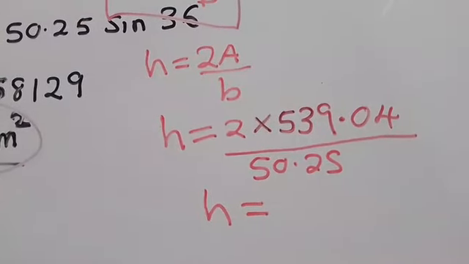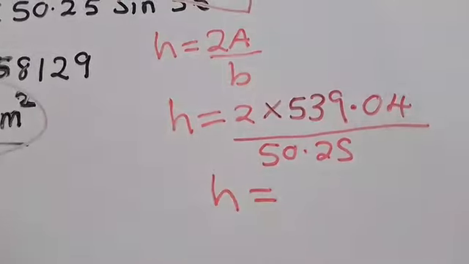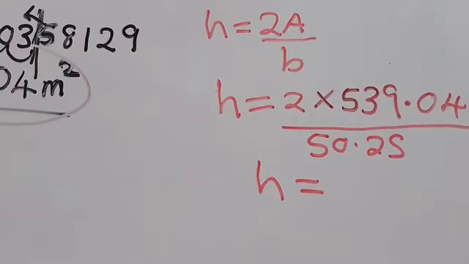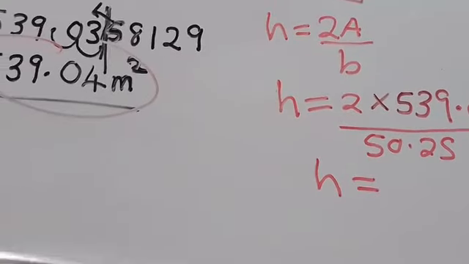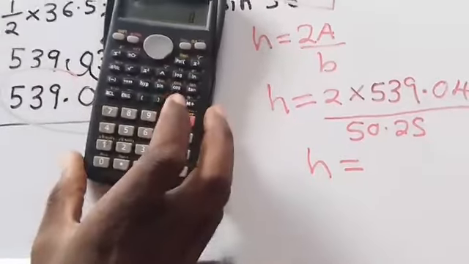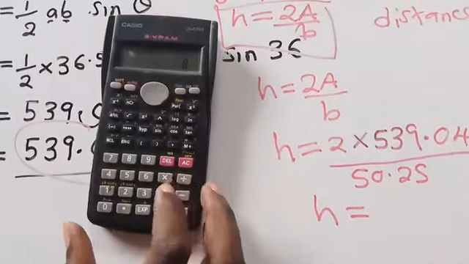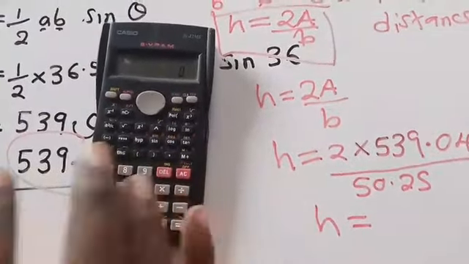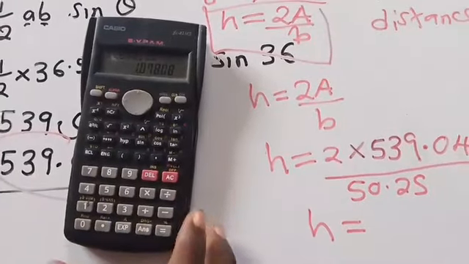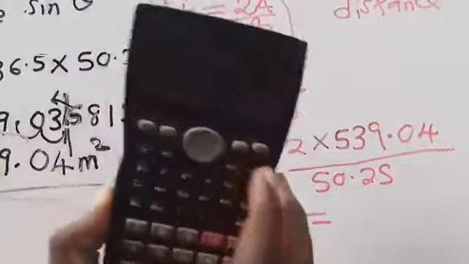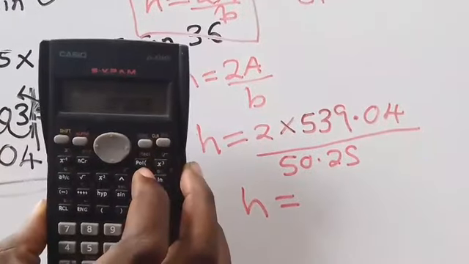Then I multiply the numbers on top: 2 multiplied by 539.04 is equal to that same answer displayed on my calculator.